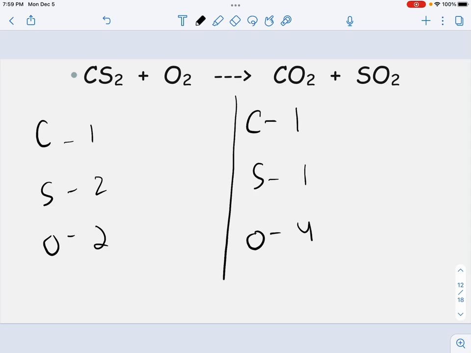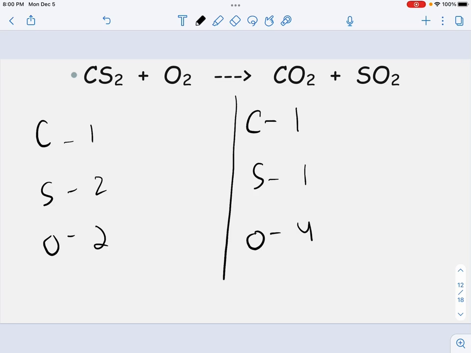All right, so what are we going to do? First, let's make sure that we've correctly established how many atoms we have, and I'm going to double check. 1 carbon, 2 sulfur, 2 oxygen, 1 carbon, 1 sulfur, 4 oxygens.